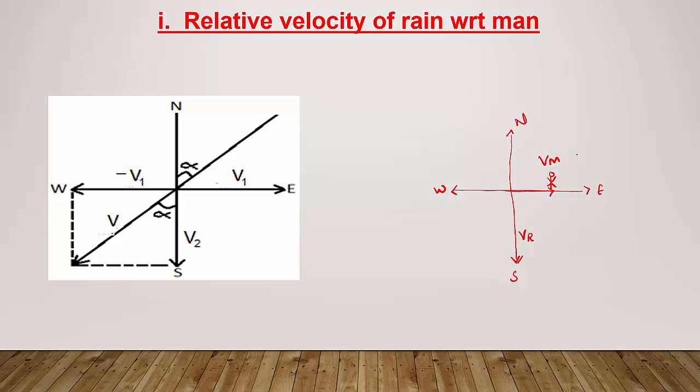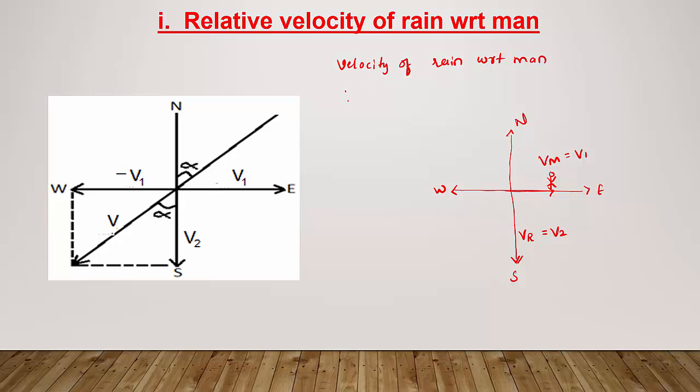Or we can take Vm equal to V1 and Vr equal to V2. V1 is the velocity of man and V2 is the velocity of rain. What do we have to find here? We are going to find the velocity of rain with respect to man.